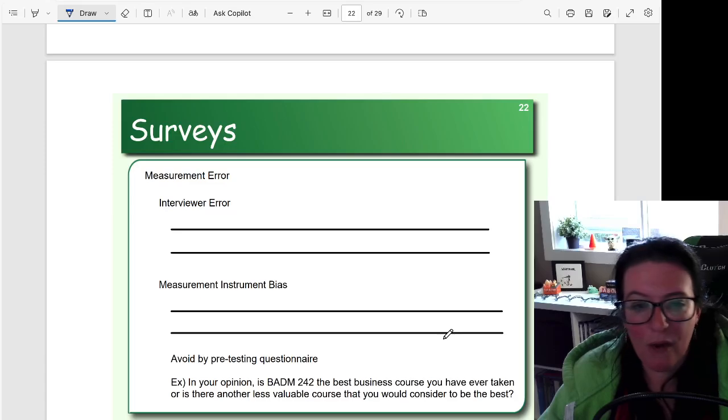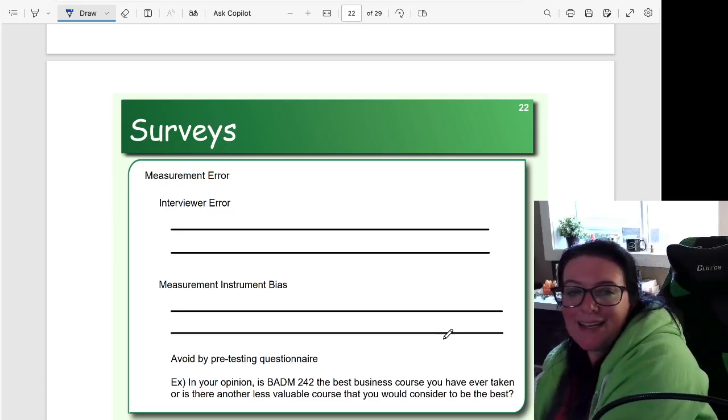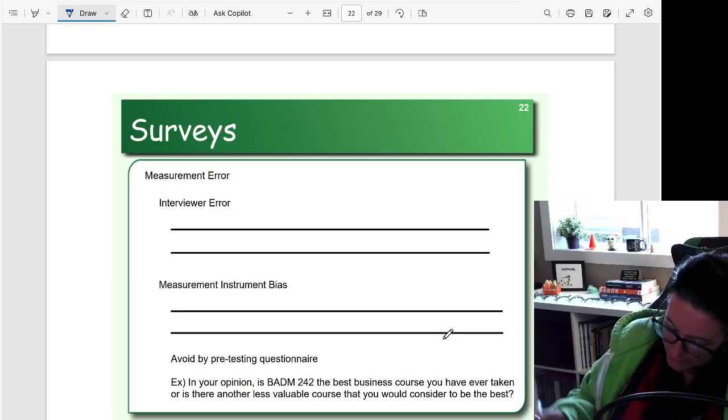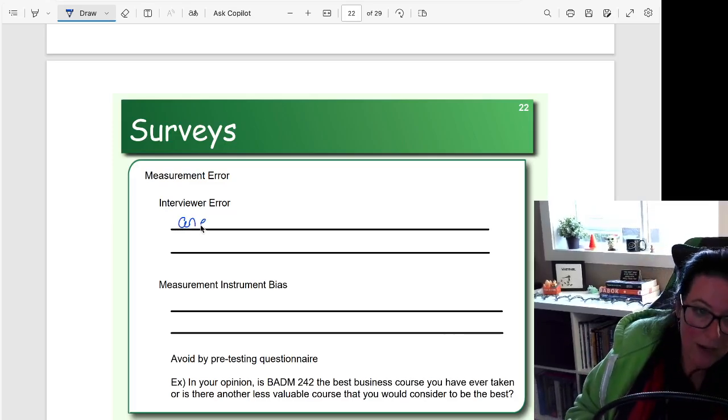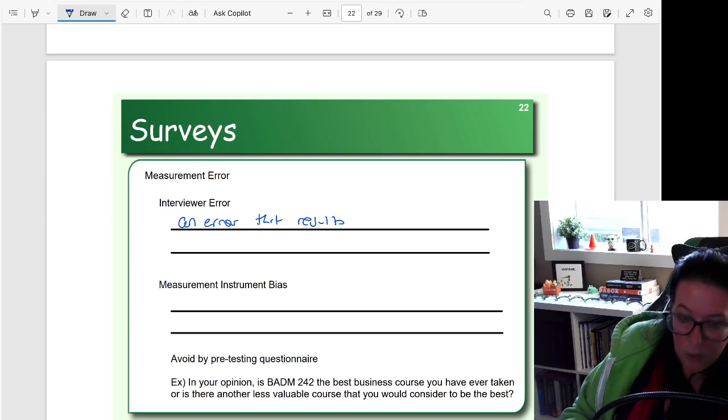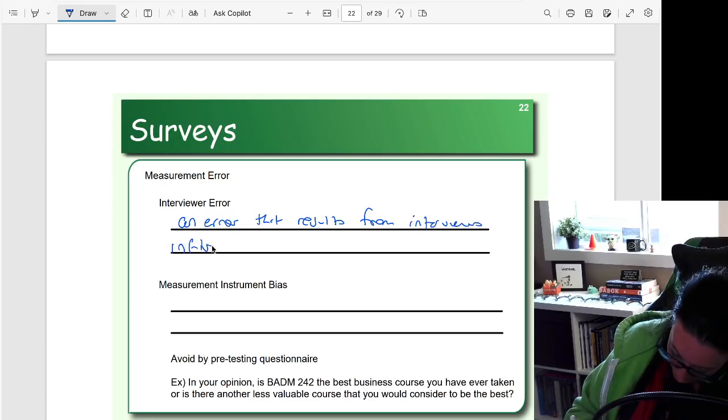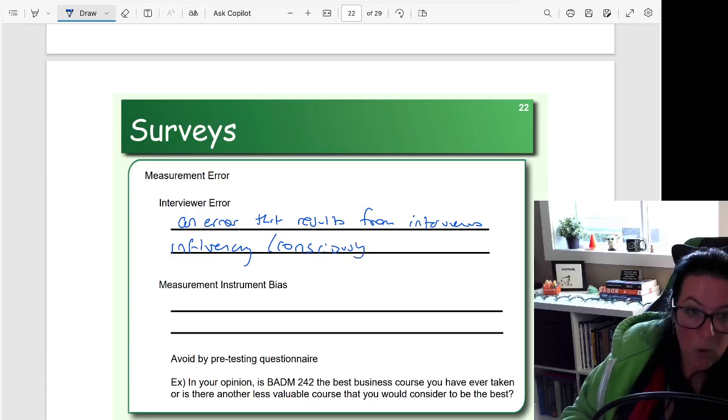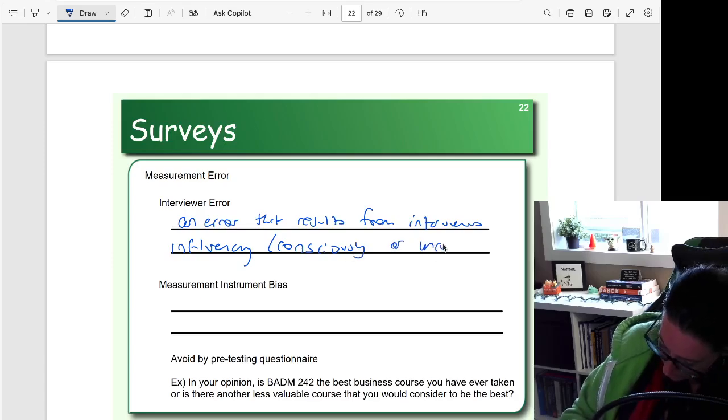The next type of measurement error we want to consider is interview error, and we've talked about this one before. Interview error is an error that results from interviewers, the researchers, influencing, and this could be consciously or unconsciously, the answers of the respondents.